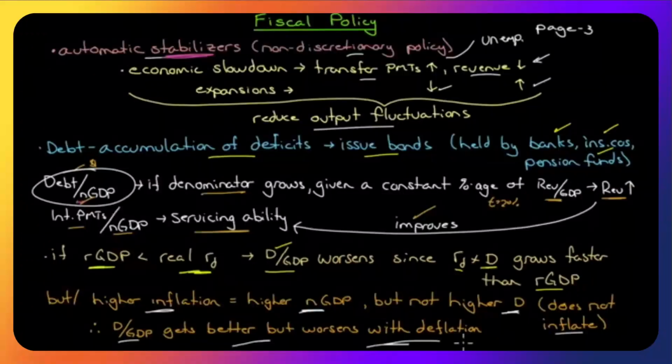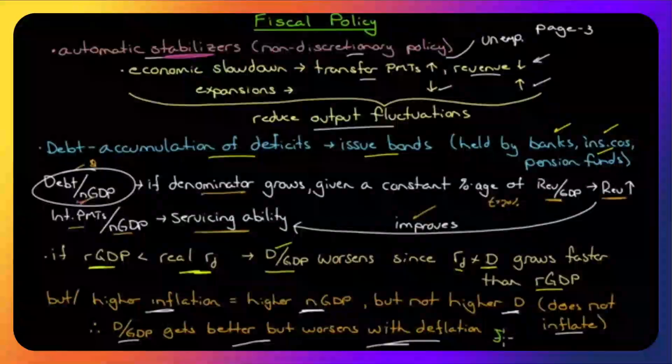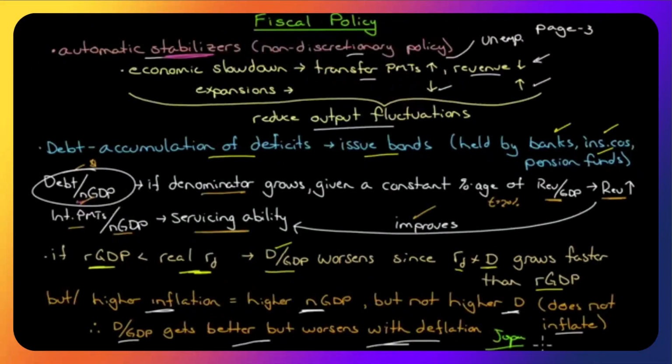However, it worsens with deflation, which is a big reason why governments with a lot of debt do not want deflation. Look at Japan and how hard it has fought to make sure that deflation doesn't happen: the negative interest rates, the low level of yields pretty much across the curve, the quantitative easing, the money printing, just to avoid having any deflation.